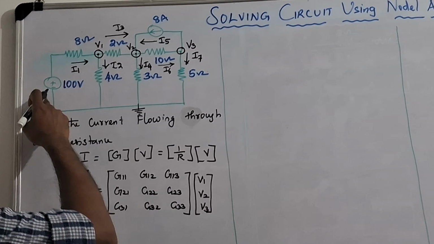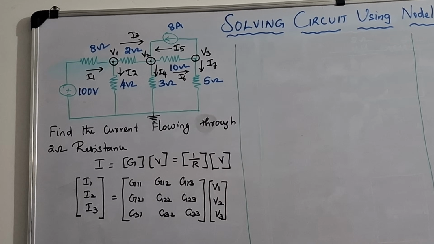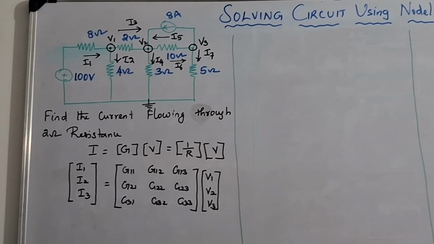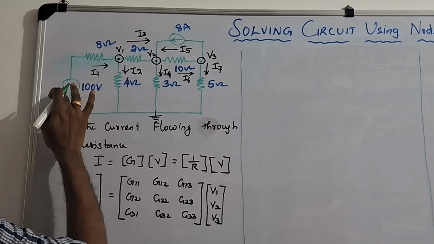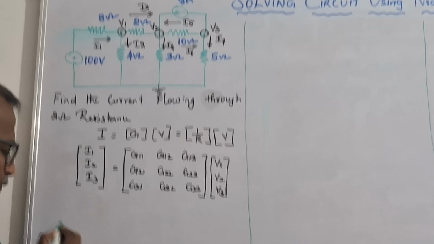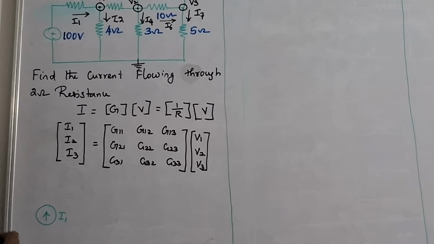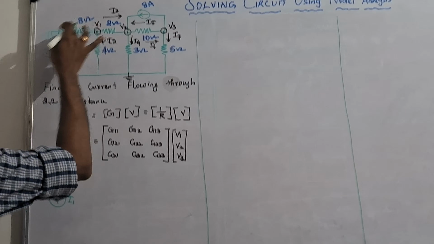Here we already have a voltage source. We already studied how to convert a voltage source to a current source. For that, I am converting this voltage source into the current source, that is called I1. And here the resistance is in series, right?